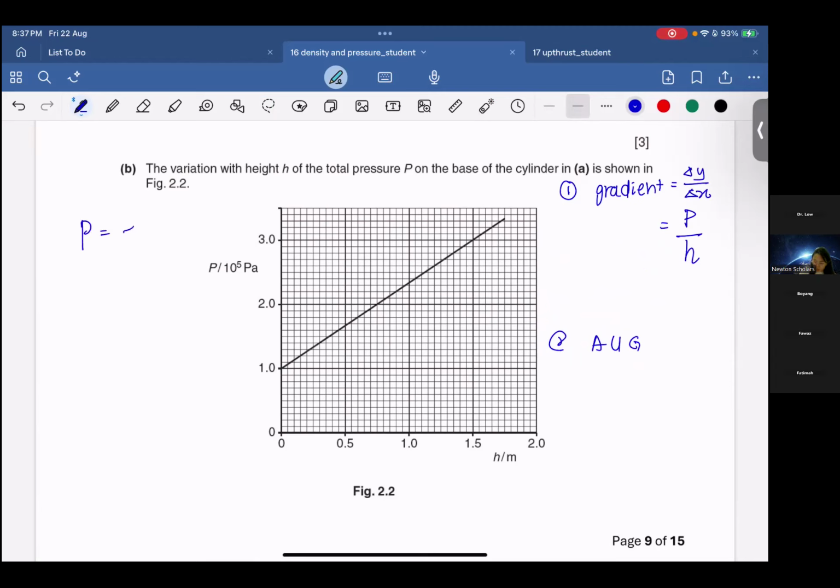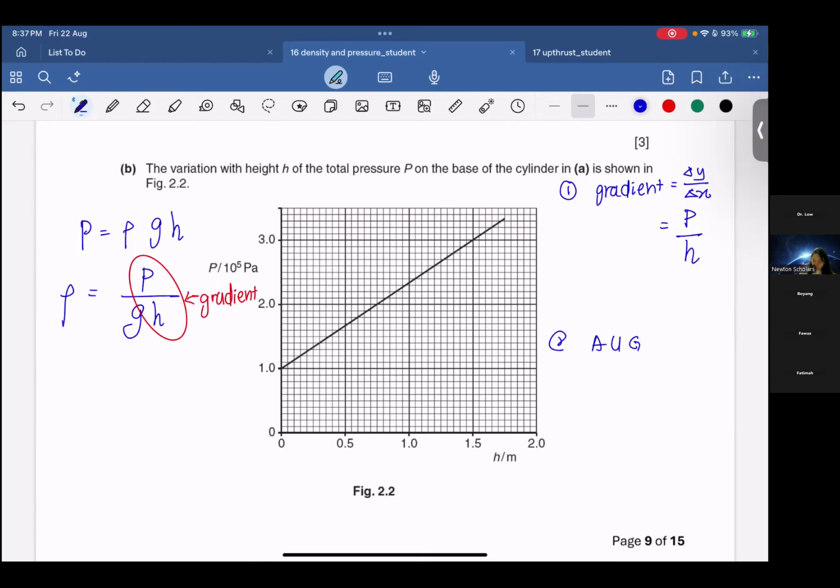Pressure is rho g h. They want density. If I rearrange the formula, density will be P divided by g h. Am I right? Then how do you find information from this graph? P divided by H is the gradient.